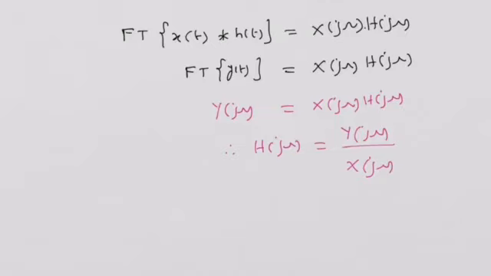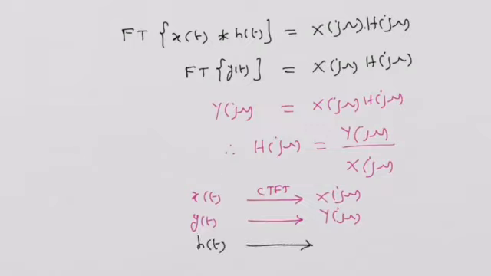Transfer function in frequency domain is given by the ratio of Fourier transform of output by input, or you can put it in this way. When x of t upon Fourier transform application produces X of j omega, and y of t upon usage of CTFT produces Y of j omega, therefore h of t, when it is processed using CTFT, should have generated H of j omega.